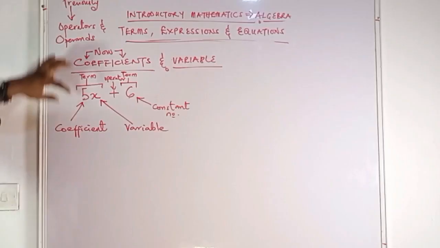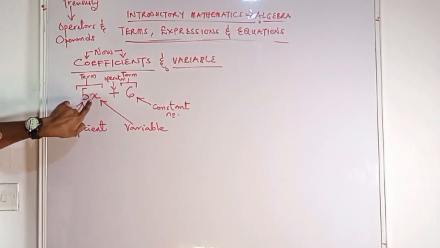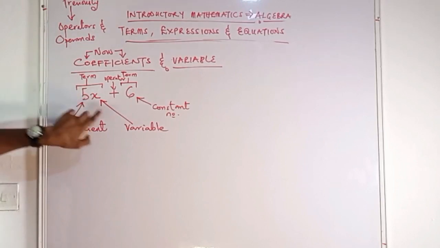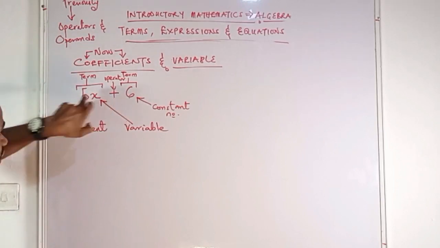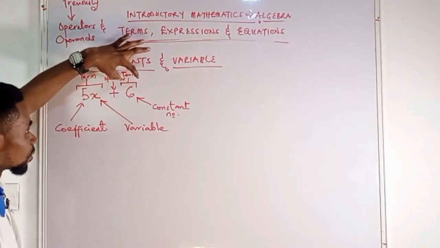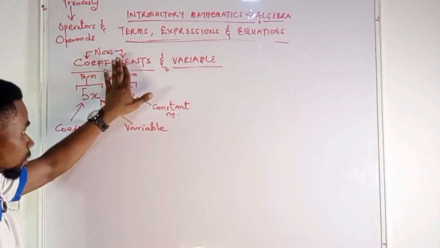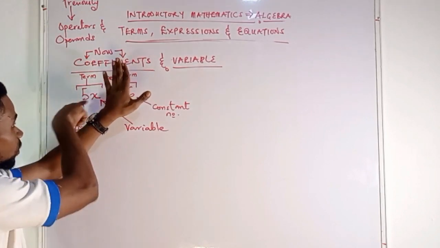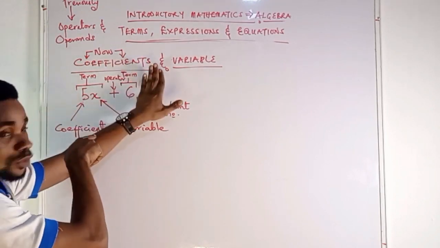All right, so it doesn't matter whether this variable x is there or not. As far as we have an operator between these two, this is called a term, and this is called another term. Now, without the operator, it is still a term. Like 5x on its own is still a term, even without the operator.